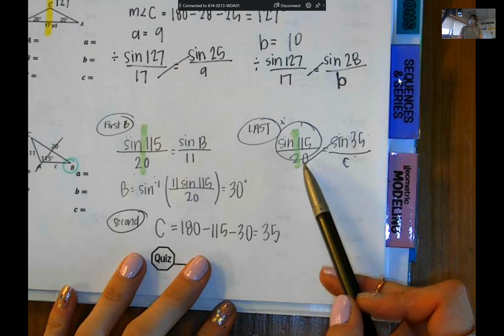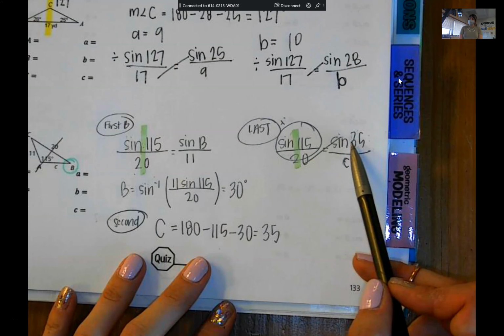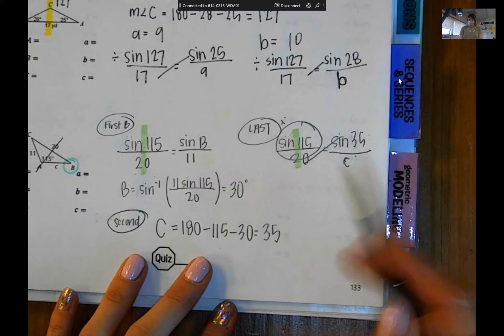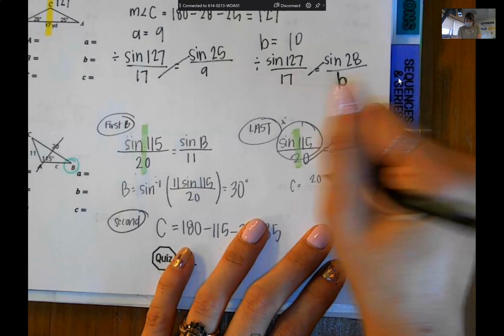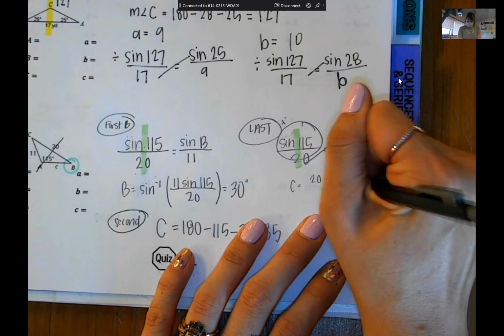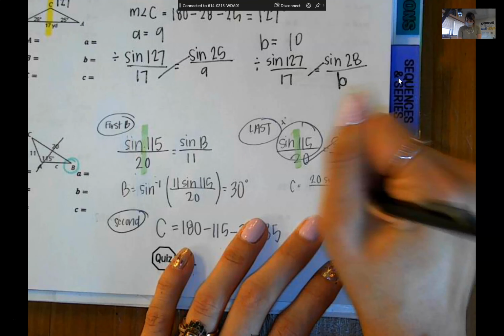We can just do 20 sine 35 divided by sine 115. There is no inverse that we need to use when we're finding a side.